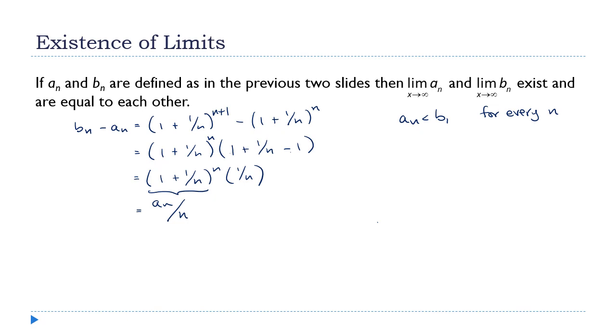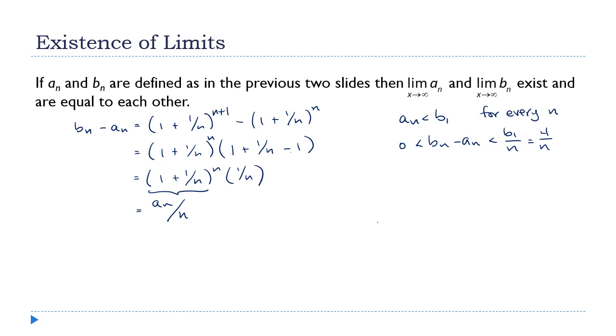Therefore, 0 is less than b_n minus a_n is less than b_1 over n, which equals, if you go back to the formula for b and substitute in 1 for n, you see that b_1 equals 4. So this is 4 over n. Okay, and that did it.